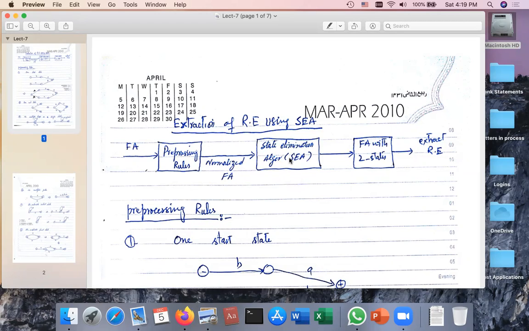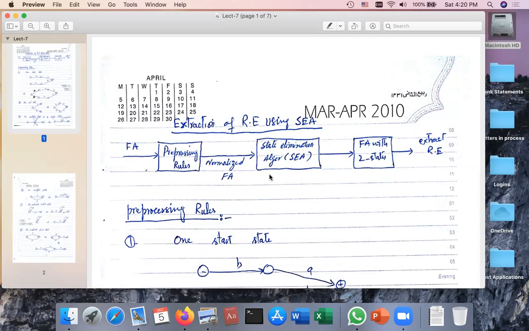And by eliminating those states one by one, finally you will reach a stage where your FA will have only two states. And when your FA has only two states left, then there is a step of extraction of regular expression, and the regular expression you will surely get automatically.